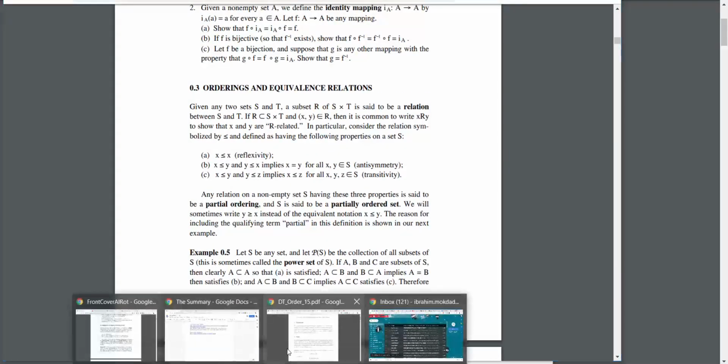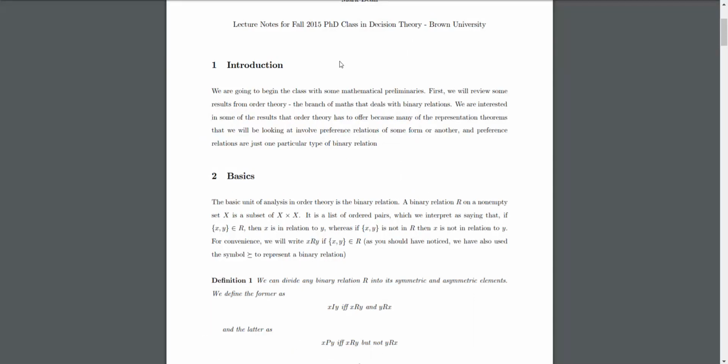So let's keep on going with order theory. I've got a paper and pen with me, because it's easier for me to grasp what I'm reading if I'm writing down the important stuff. It might be slow, but it makes things a lot faster in the long term.